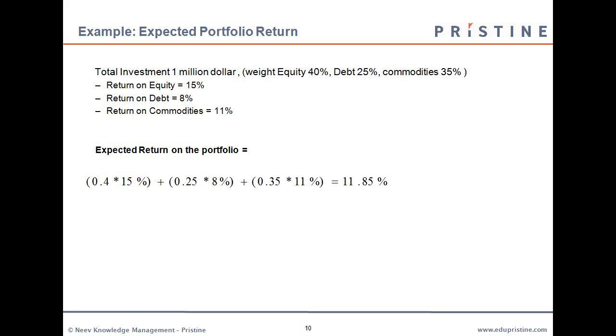Since equity is very risky, you don't want to take that amount of risk. You want to lower down your risk. So for that, you are investing in debt and commodities, right? That captures the basic idea behind going for a portfolio, that is to diversify, to minimize your risk.